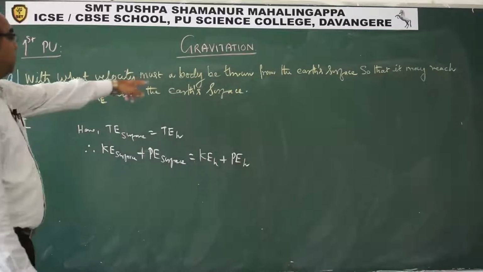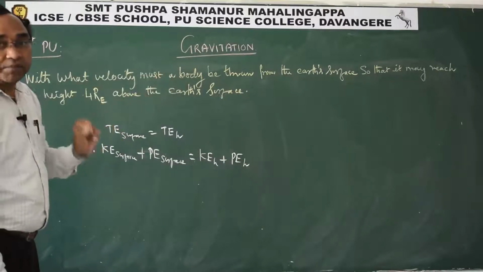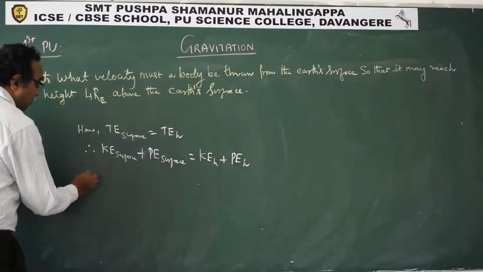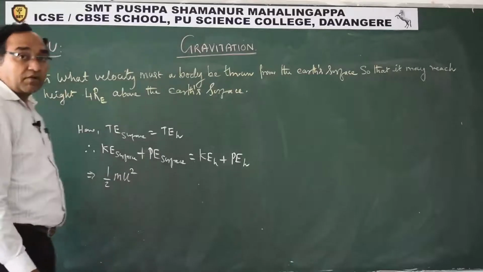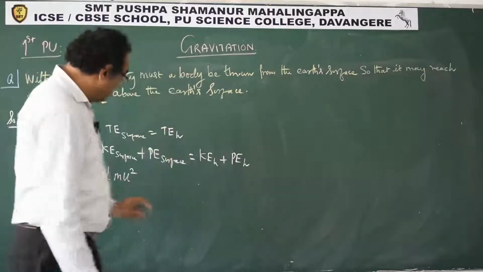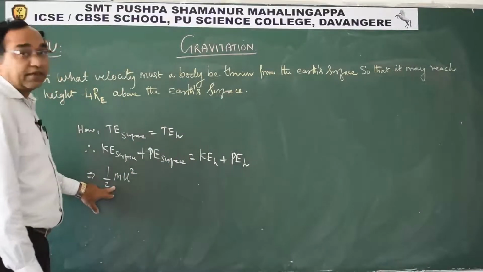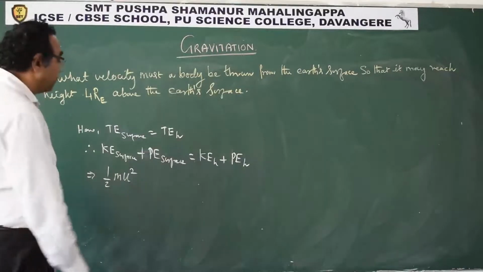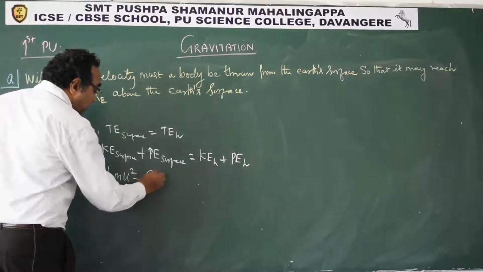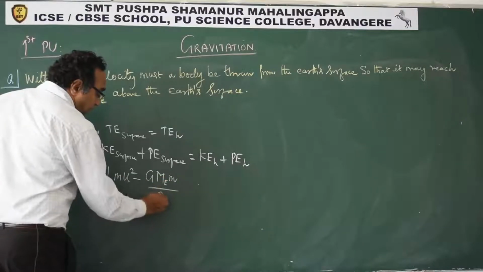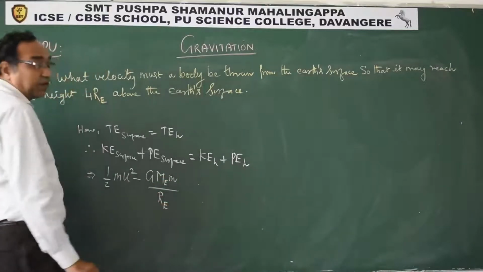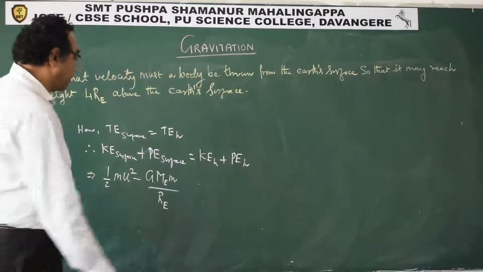Now, with what velocity must a body be thrown? This means we are imparting an initial velocity. Let the initial velocity be u. So the kinetic energy in that situation will be half mu square, minus GM by r, which is the potential energy on the surface of earth.